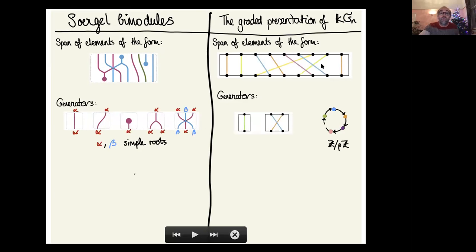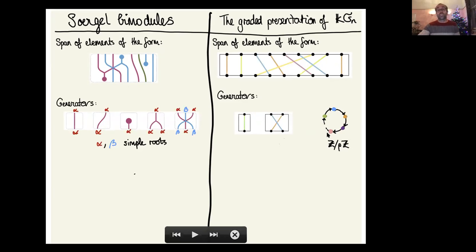So we've seen what the diagrams look like at the top, and now we're going to talk about the generators. So on the right-hand side, for the generators, you just need an identity thing and a transposition thing, and you need it for each color. So here I've put Z over pZ as these 5 colors.